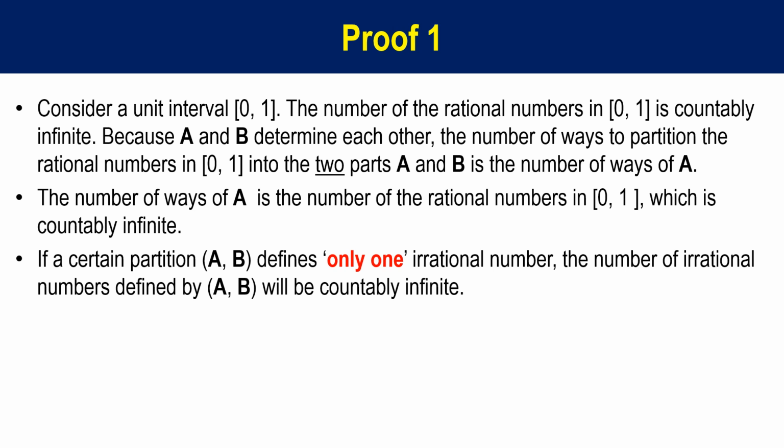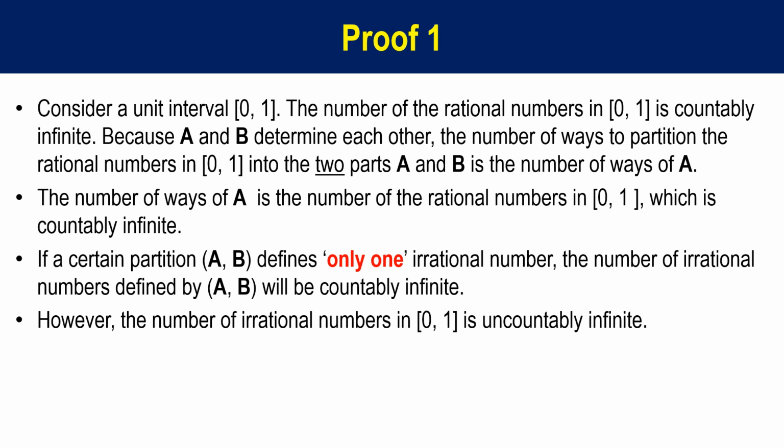If a certain partition A and B defines only one irrational number, the number of irrational numbers defined by A and B will be countably infinite. However, the number of irrational numbers in 0 and 1 is uncountably infinite.